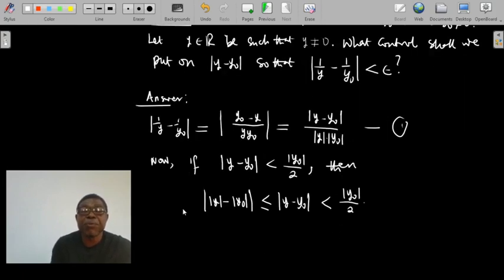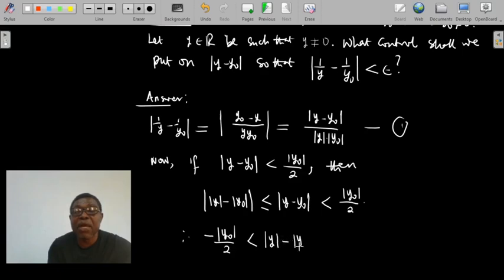This implies therefore that minus absolute value of y naught over 2 will be less than absolute value of y minus absolute value of y naught, which is less than absolute value of y naught over 2. Why is this coming?